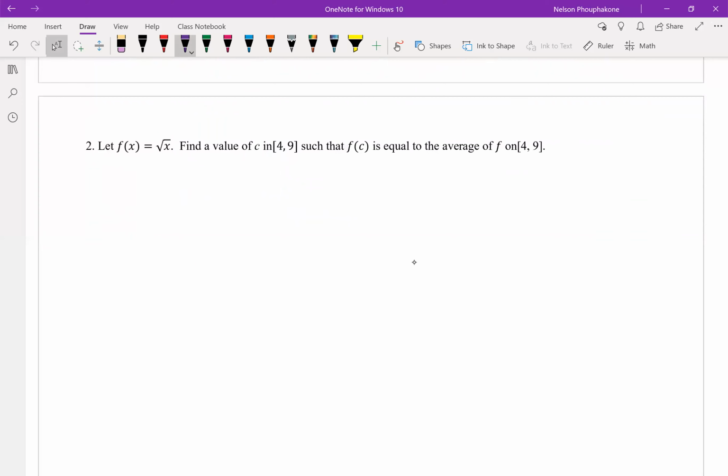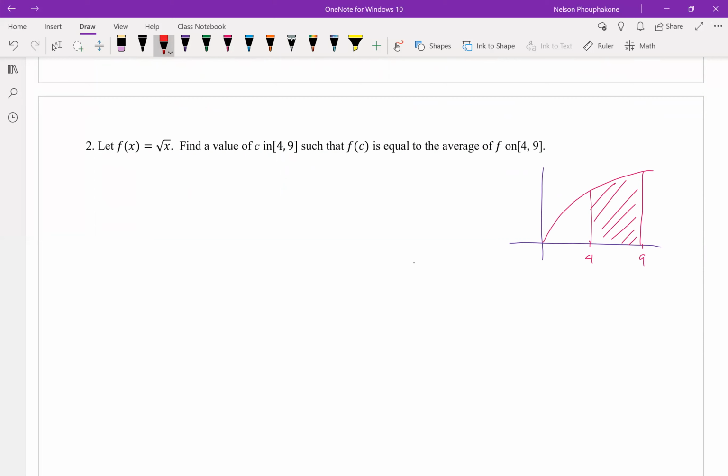Okay, then now, the next problem. I have a function, square root of x, and I would like to evaluate between 4 and 9. In this case, if I want to find the average value, what does this mean?